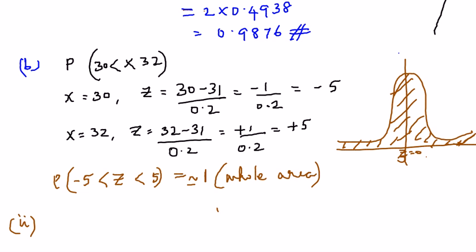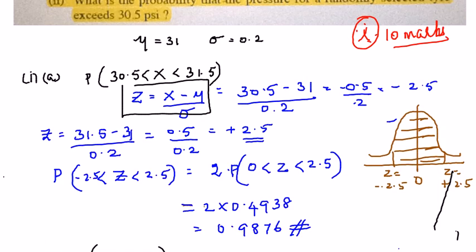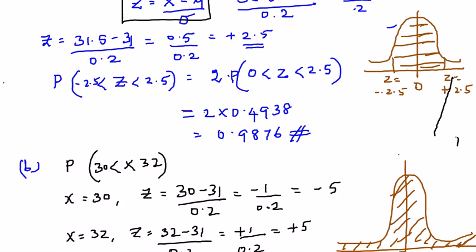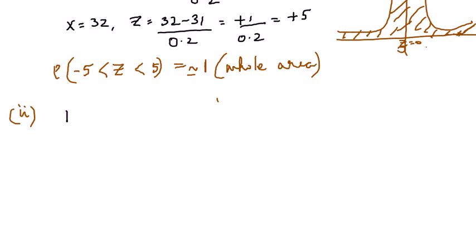The second part says, what is the probability that the pressure exceeds 30.5? So the probability that x is greater than 30.5.